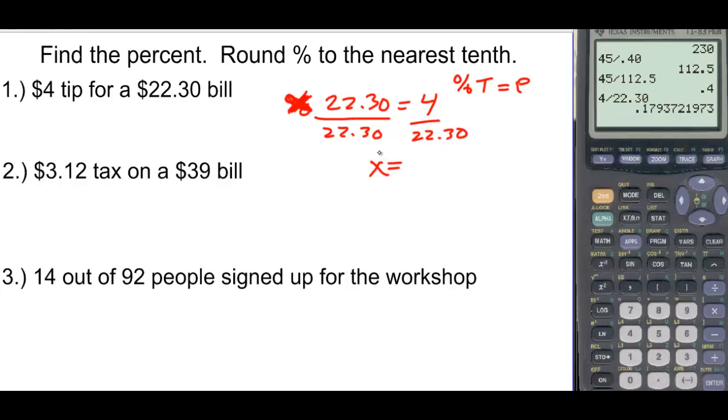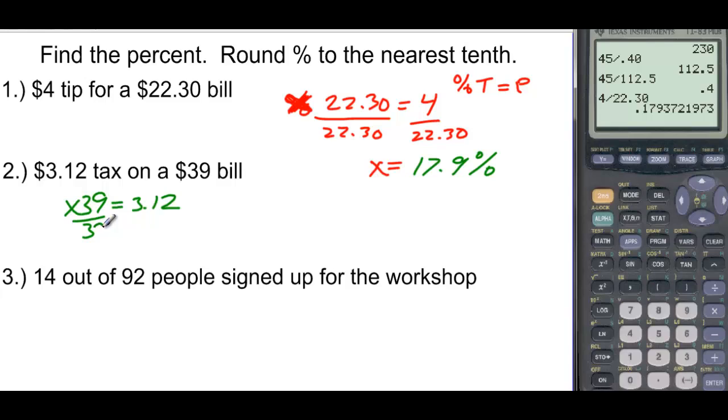So notice we're going to get 17.9%. And notice I'm rounding it. I see a 0.17, but I'm going to write 17.9. I got to move the decimal 2 places over. Okay, what percent of the total bill of $39 is equal to $3.12?